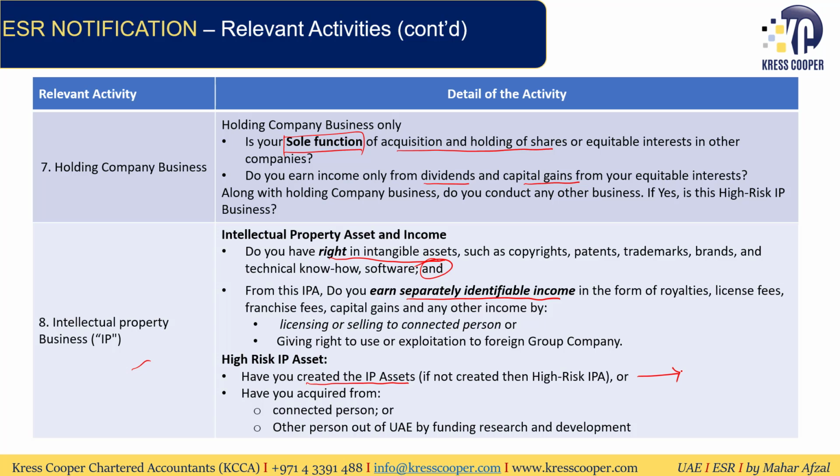If the licensee has acquired the asset from a connected person, or has acquired the asset from any other person by funding research and development out of UAE, then it will be considered that the licensee is in the high risk intellectual property business. We need to look into whether the relevant activity is a high risk intellectual property business or a normal intellectual property business.